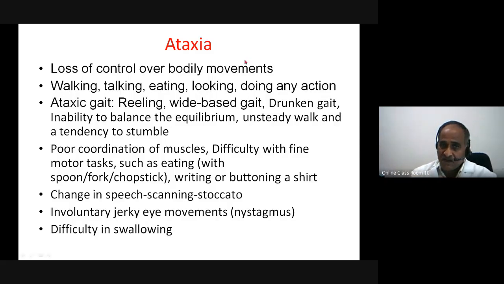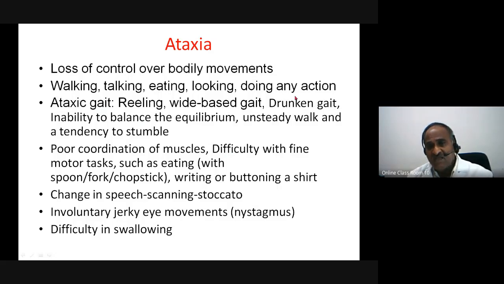So, loss of control. What are these bodily actions especially? Walking, talking, eating, looking, doing any action, all these things are affected. One of those things is gait, that is walking. There is what is called an ataxic gait. It is usually a reeling, wide-based gait, or a drunken gait.